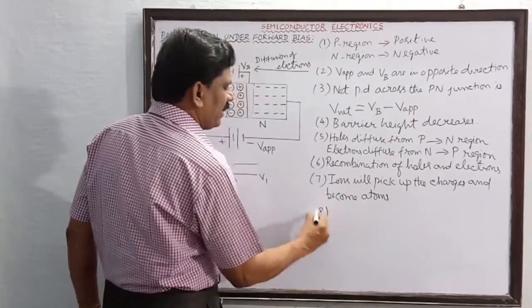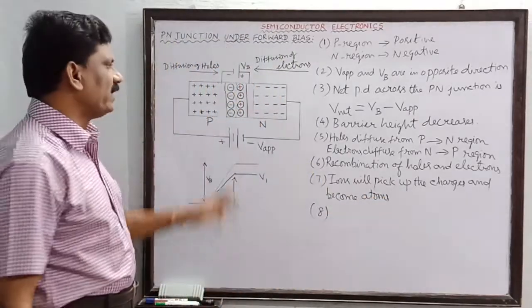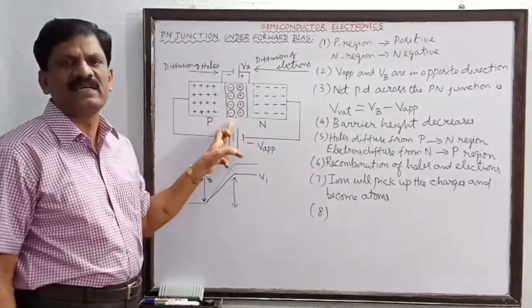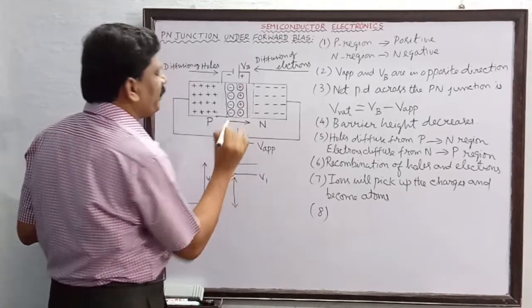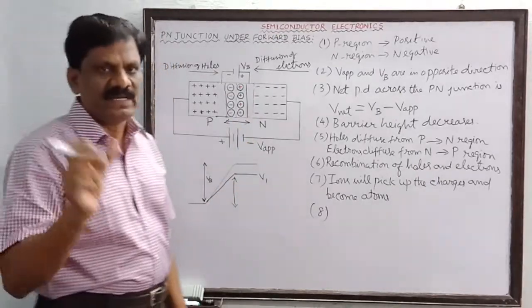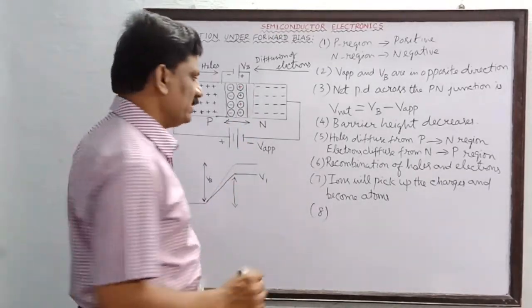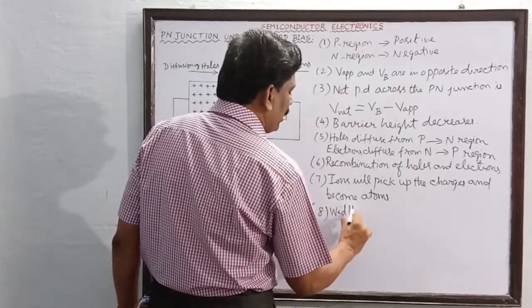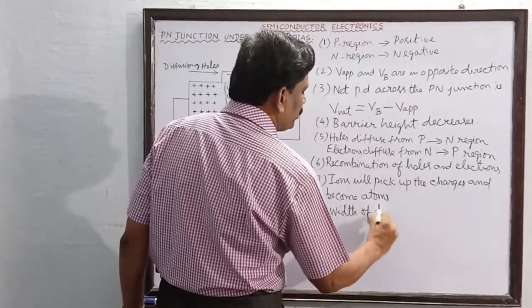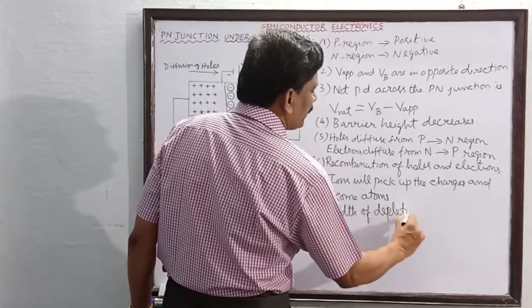As a result, you see that the number of ions present in the depletion region has decreased. As a result, what will happen to the width of the depletion region? It will decrease. So I will write here: the width of the depletion region decreases.